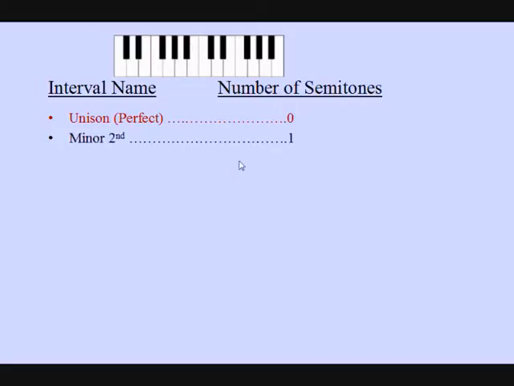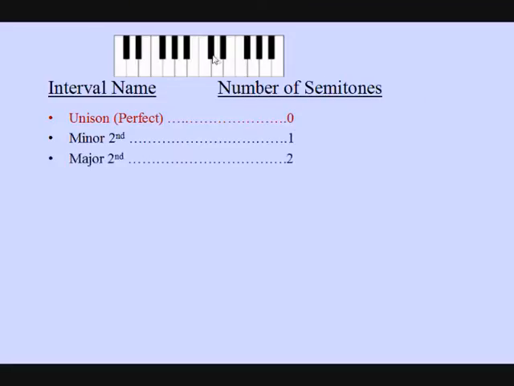Then suppose we have two notes that are just one semitone away from each other, for example D and E flat. Those two notes are making a minor second because they are one semitone away from each other.